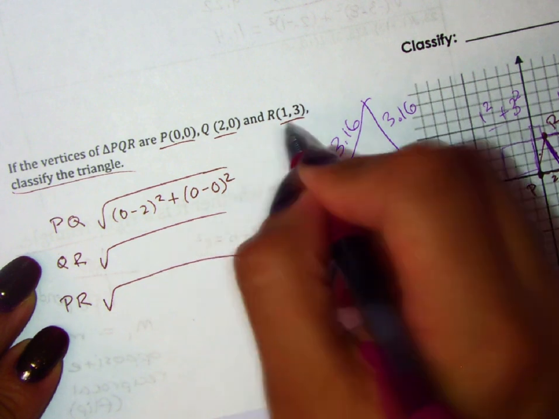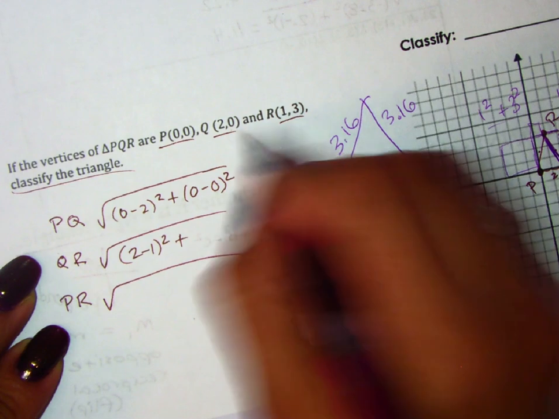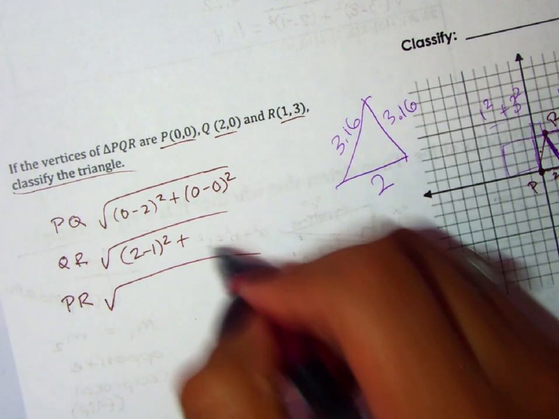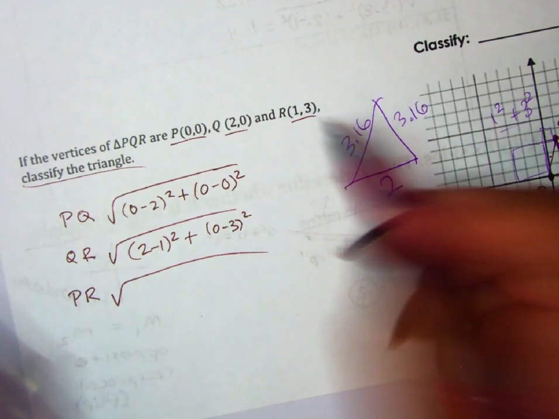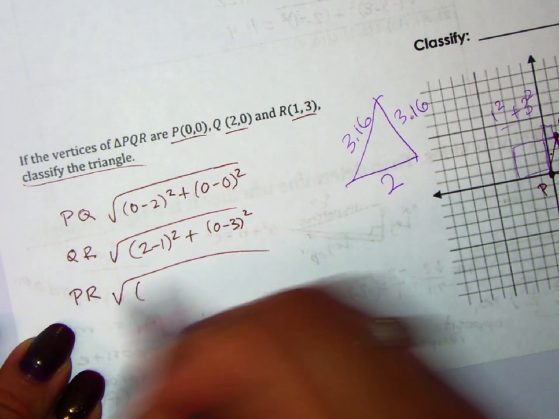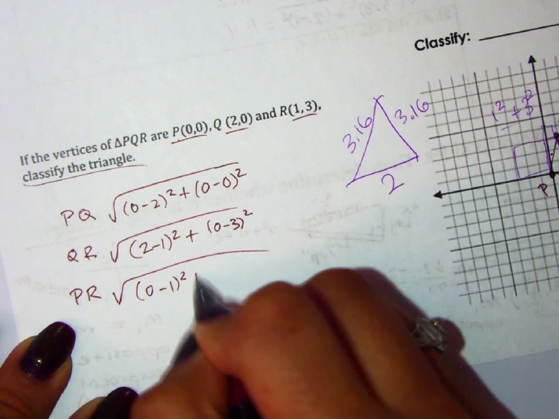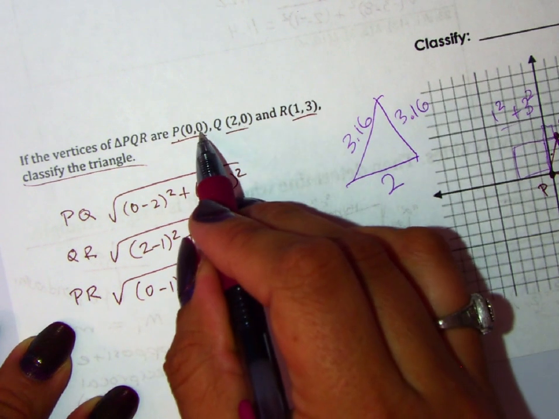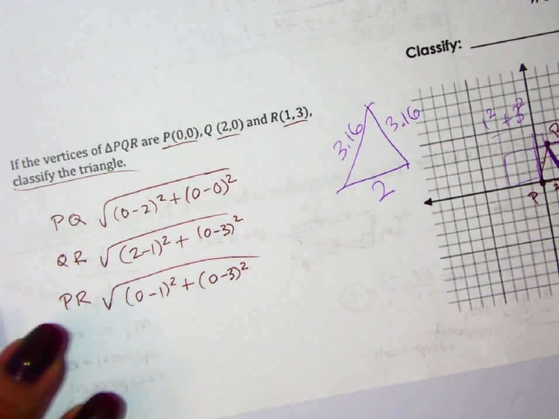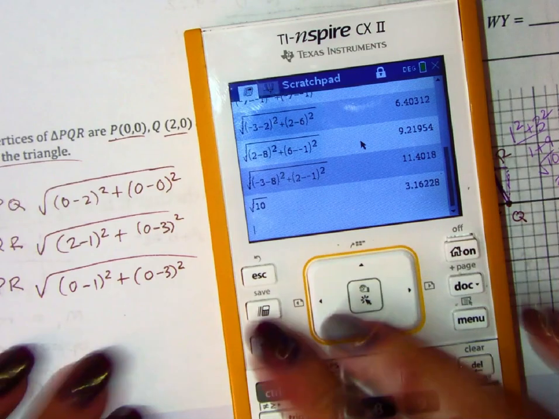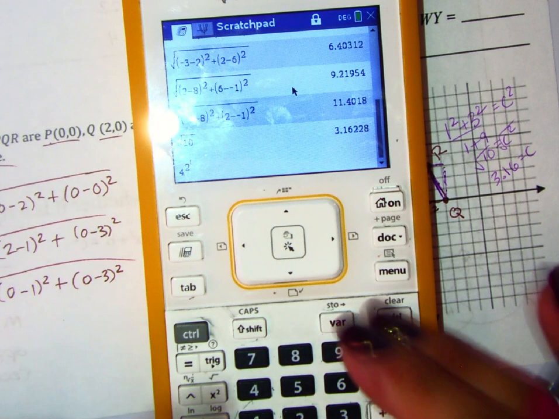QR is 2 minus 1 squared plus 0 minus 3, so the y's. Next, we're going to do the x's for PR. PR is 0 minus 1 squared plus the y values, 0 minus 3. And if we type all that, we should get the same answers we got doing the Pythagorean theorem on the grid.